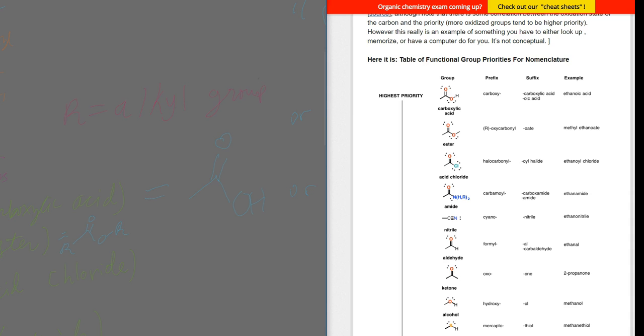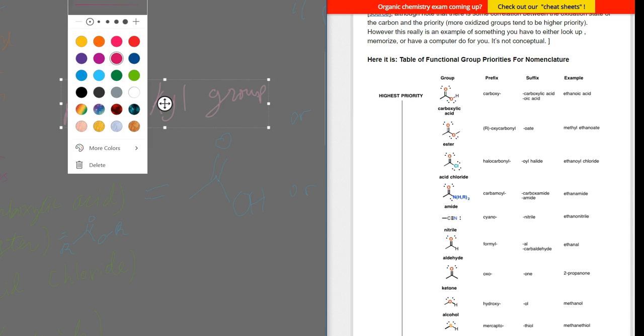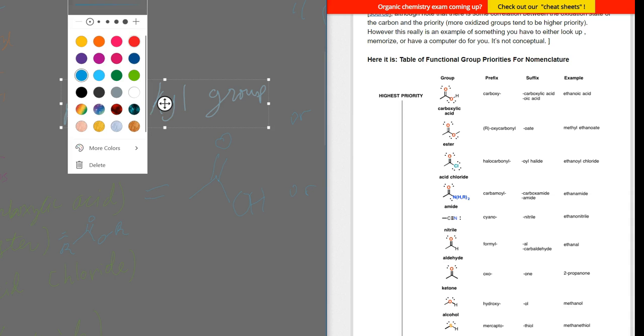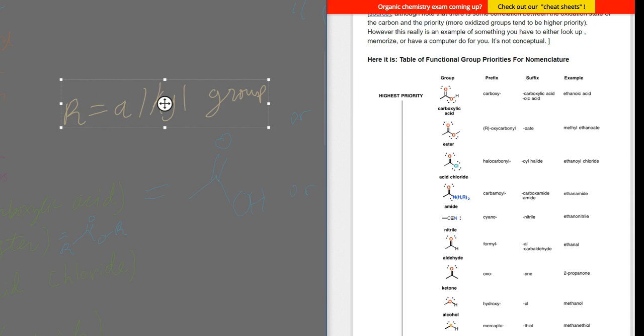Yellow will work because of the background.